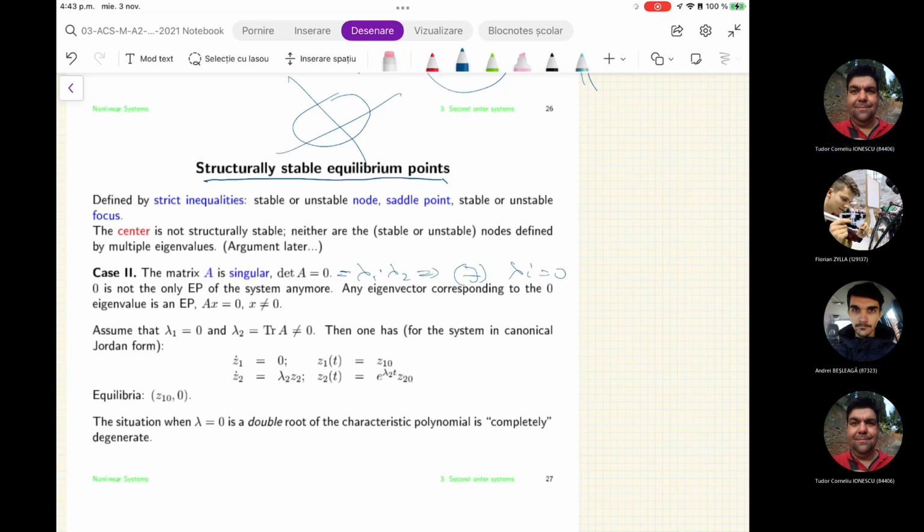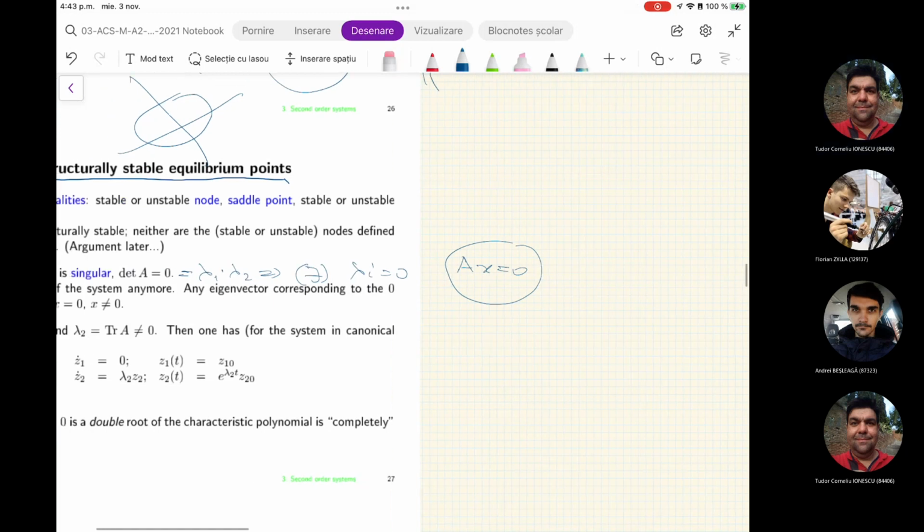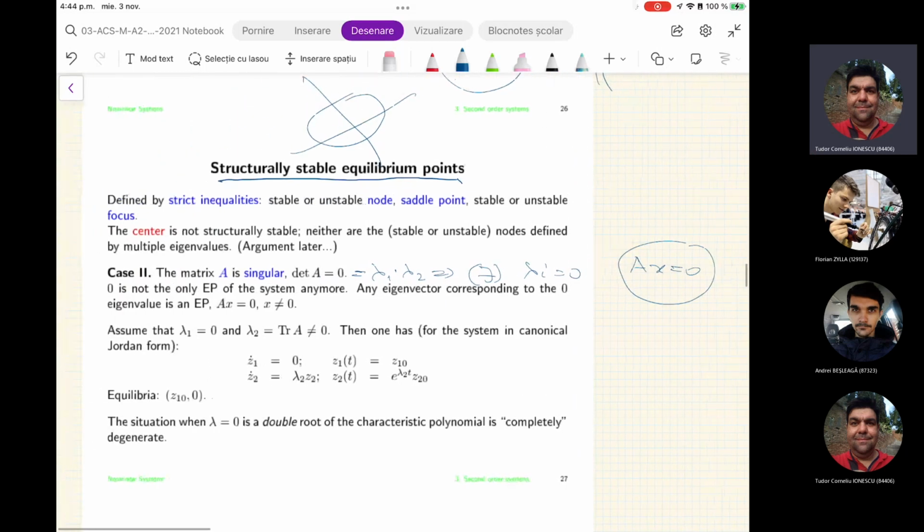Okay. Well, in this case, for x dot equals Ax. So in this case, if det A is 0, when you solve the equilibrium equation Ax equal to 0, since this is no longer invertible, you might come across an infinity of solutions.